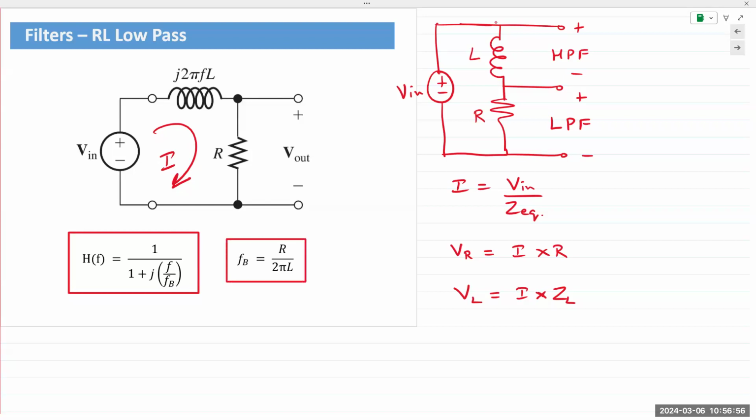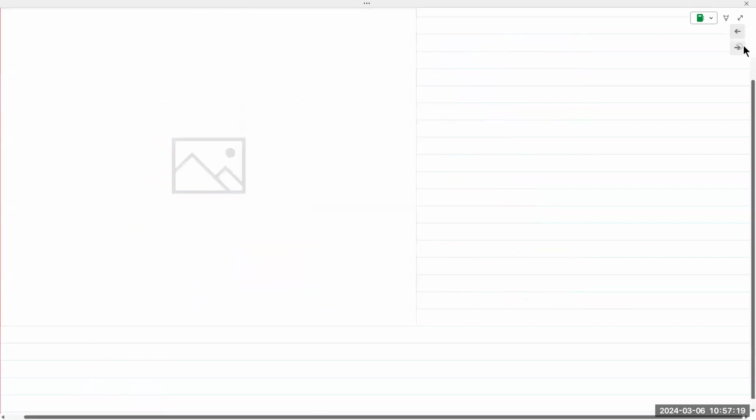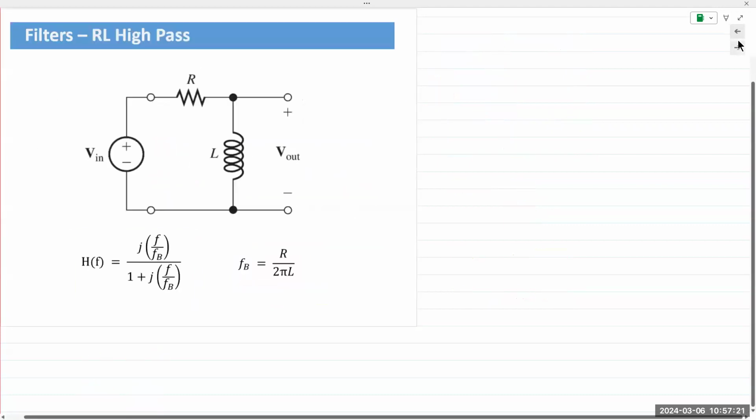FB is equal to R over 2 pi L. Omega cutoff frequency would simply be R over L. If we look at the output across the inductor, we get a high pass filter.